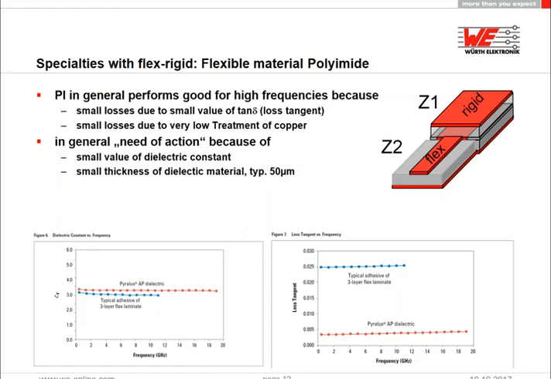In general, we need actions in the design because this flexible material is very thin, typically 50 micron thickness, could be 75 or 100 micron, but that is more expensive. On the other side, we have a small value of the dielectric constant, epsilon r, which is roughly 3.4.